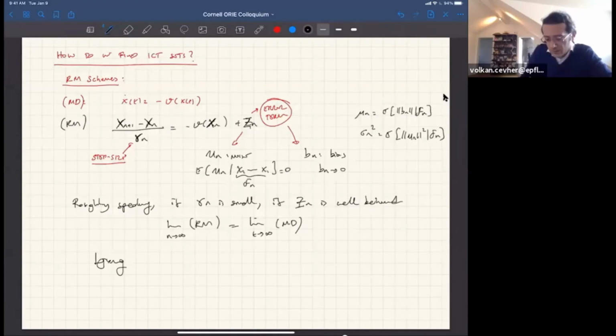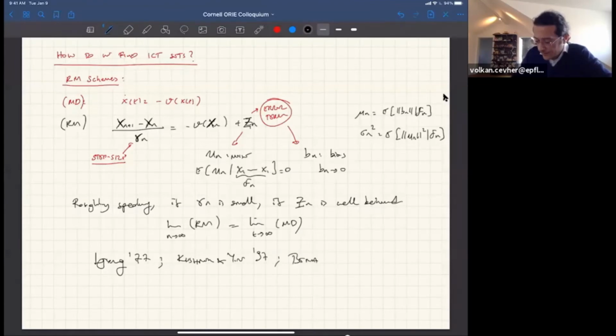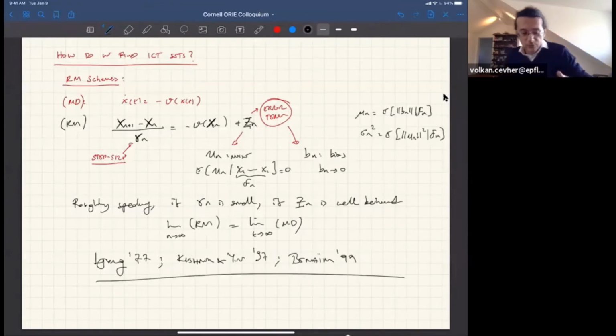This is Kushner and Yin, 77, 97, and Benaim, 99. Right.